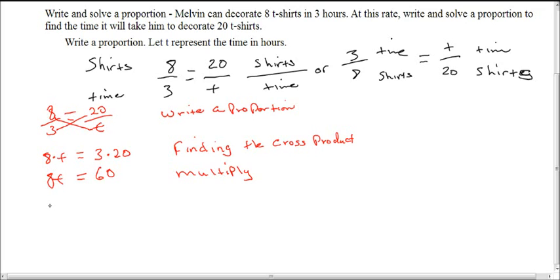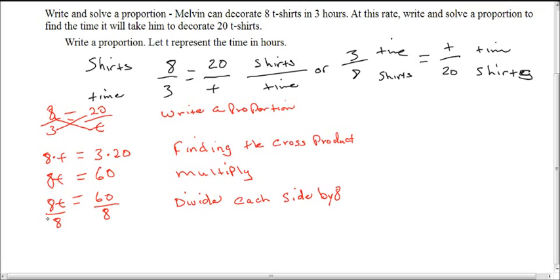So let's go ahead and rewrite this so you can see the steps, and I'll put 8t is equal to 60, and I'm going to divide both sides by 8. Again, here we'll divide each side by 8.